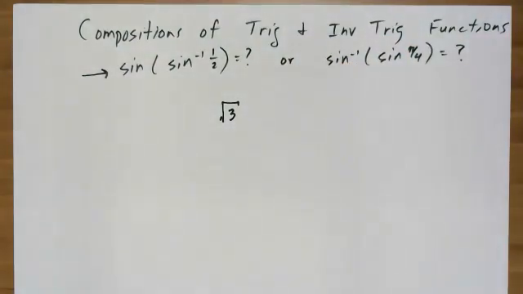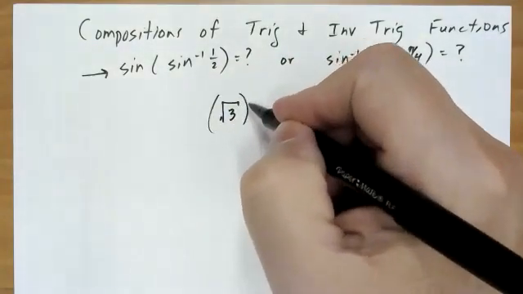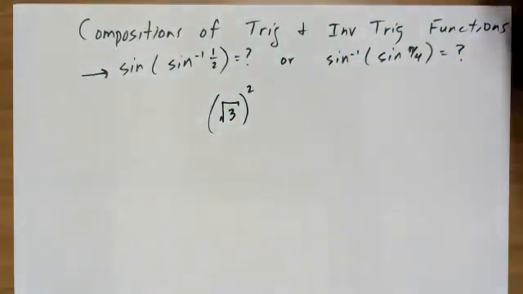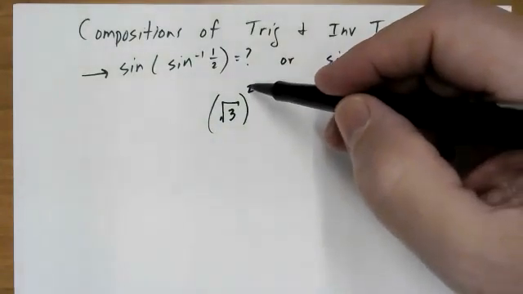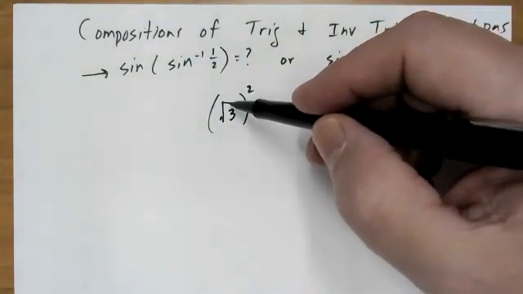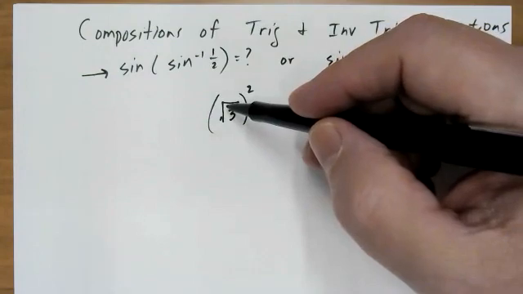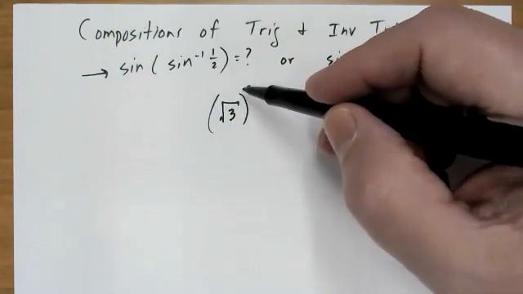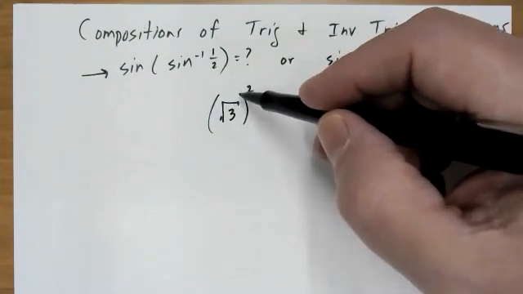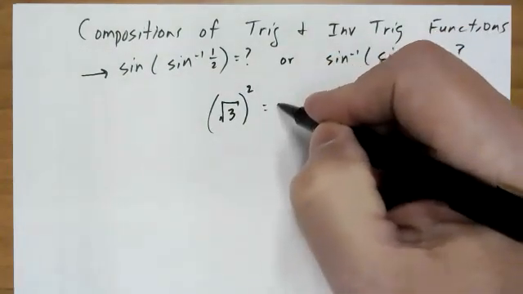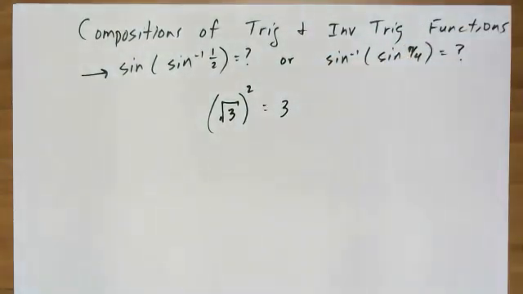If I take the square root of 3 and then I square it, when you square something, it's the opposite of taking the square root. So sometimes I like to think these cancel out and you're just left with what's inside.